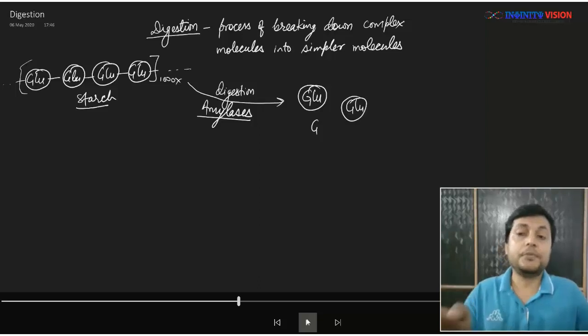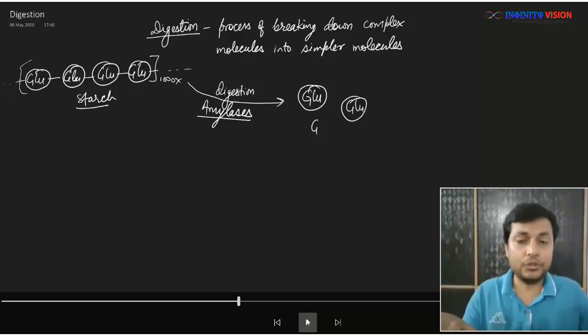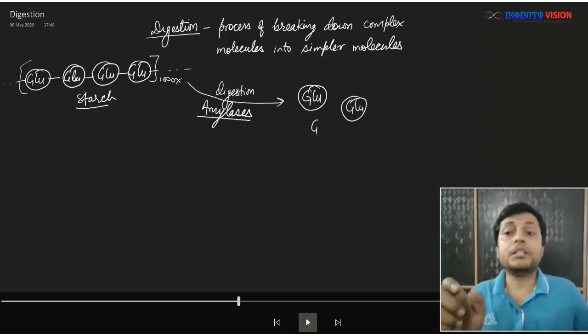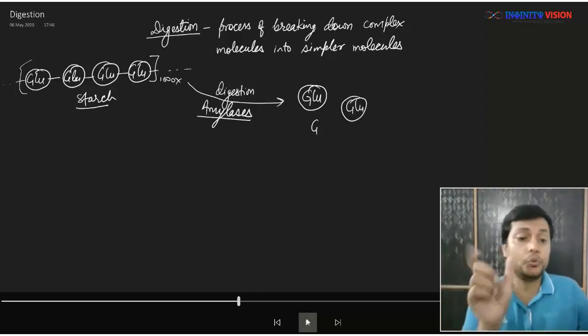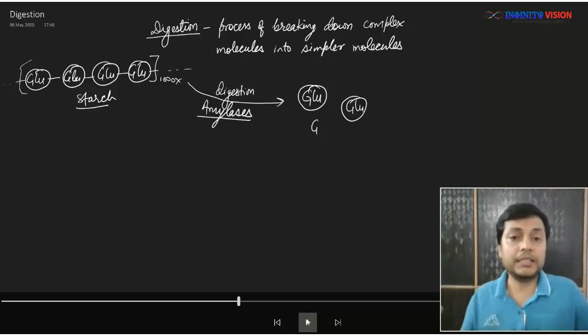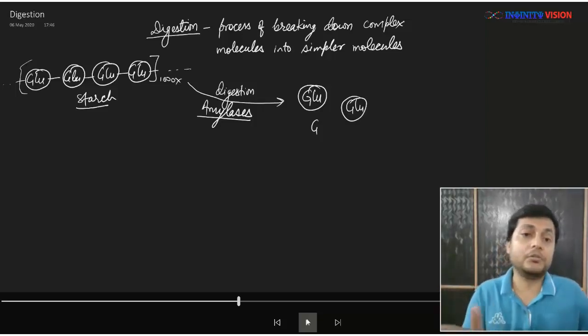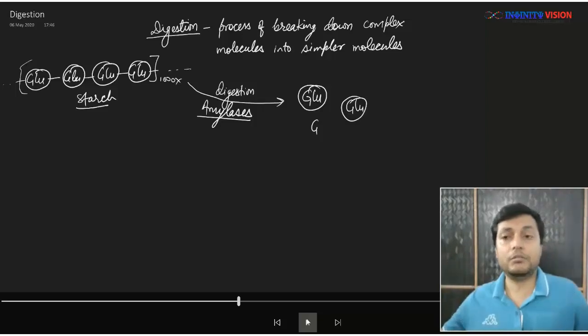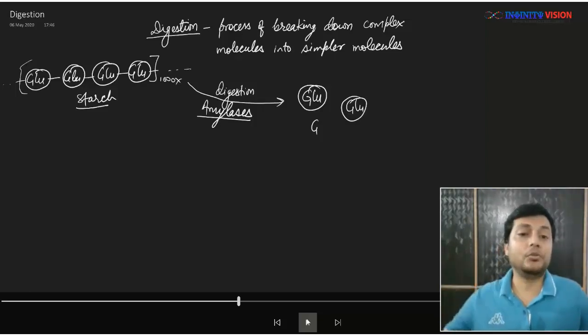Okay, so if you subject starch to amylases, what will happen? It will break the bond joining the two glucose molecules. As a result, the glucose molecules will be freed, and what you will get is simpler glucose molecules. No more large chain or single molecule of starch, right? Now it will be many glucose molecules.